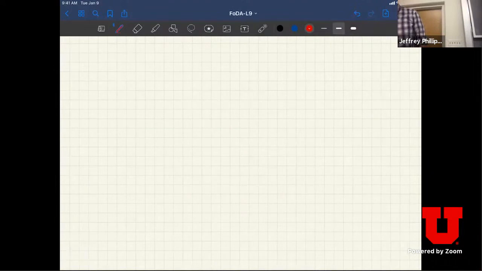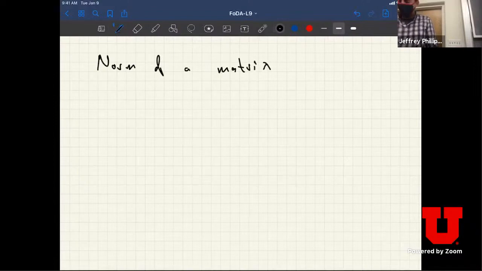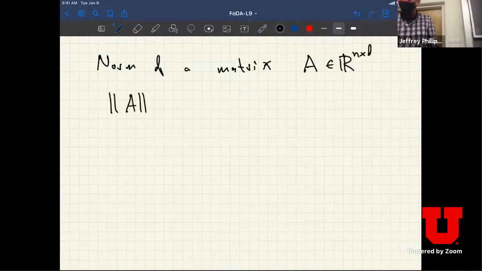Okay, let's speed it up a little bit. So we can also take a norm of a matrix. Let's say I've got a matrix A in R n cross d, and I write this as the norm. Now there are two basic types of norms of matrices.